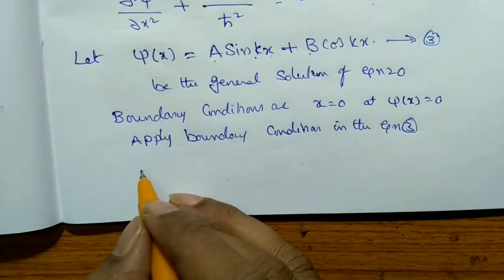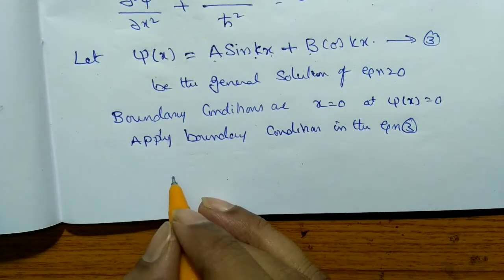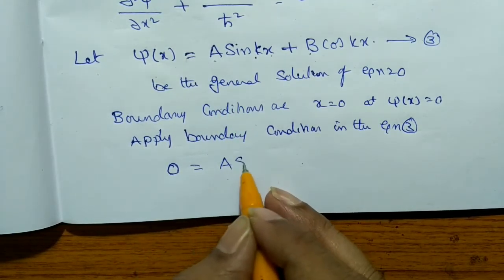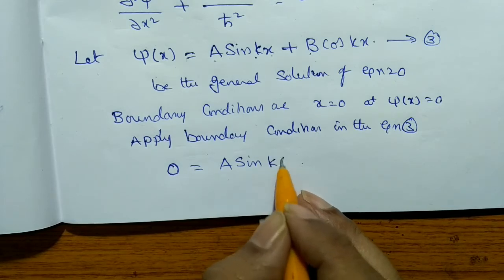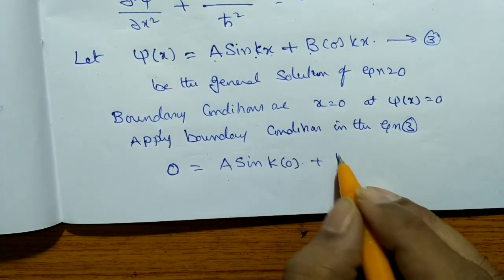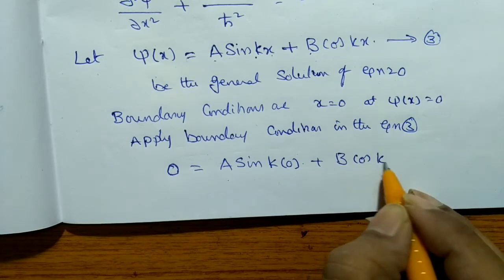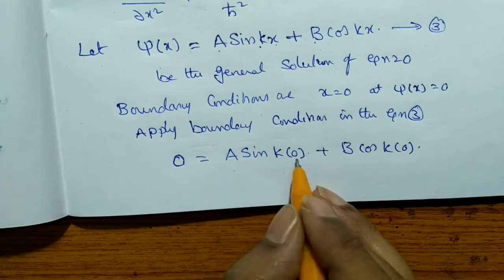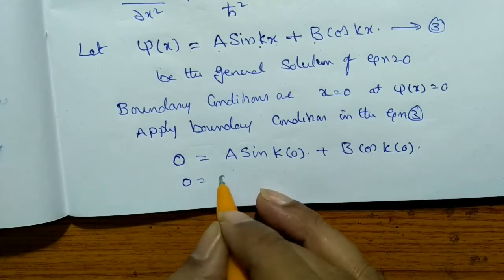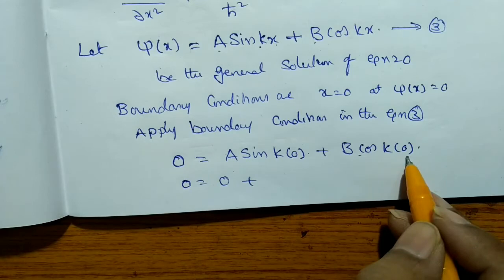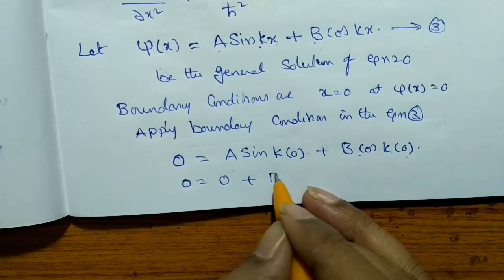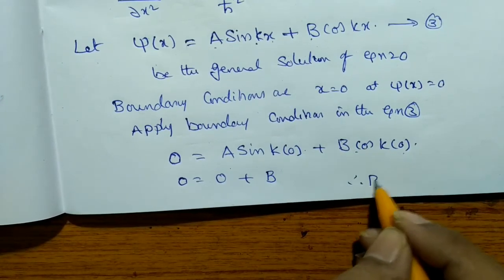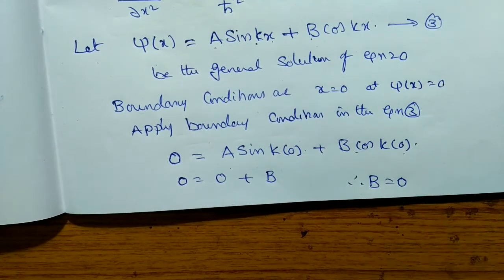We get psi of x is equal to 0, that is 0 is equal to a sin k of 0 plus b cos k of 0. Sin of 0 gives 0, and cos 0 gives 1, that means b is equal to 0.